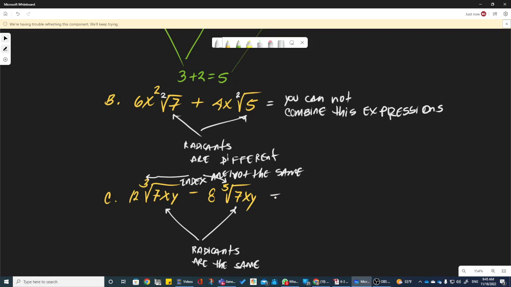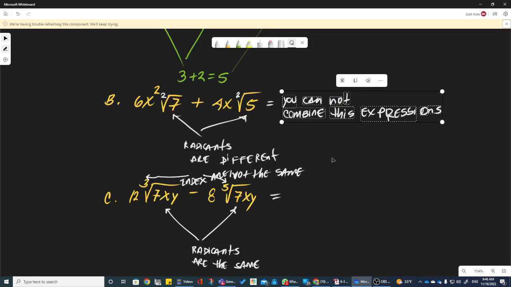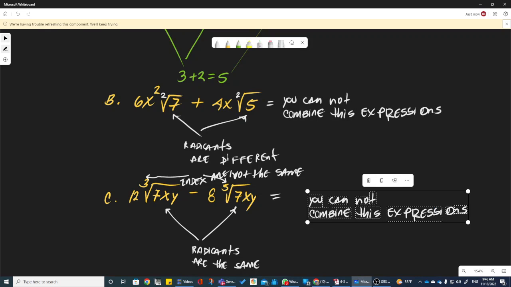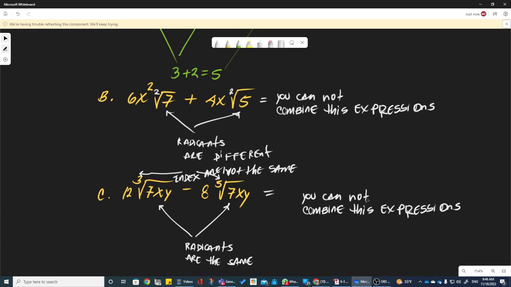Okay? So the answer to this, it's exactly this answer. You cannot combine it because they don't have the same index. Okay?